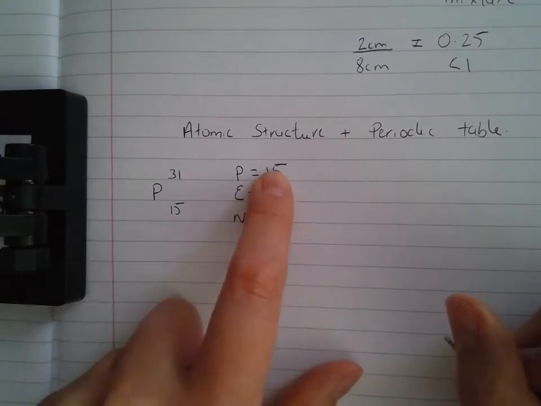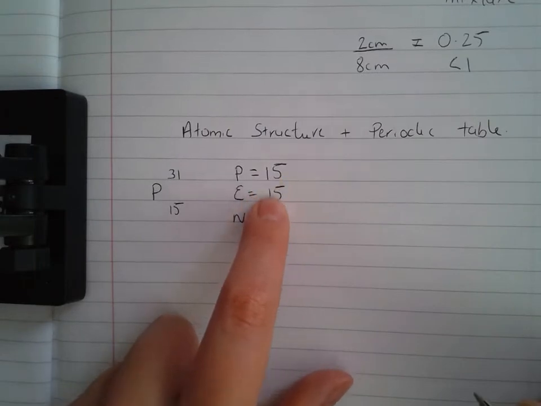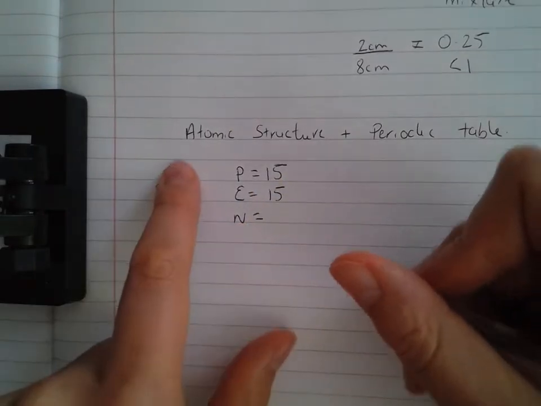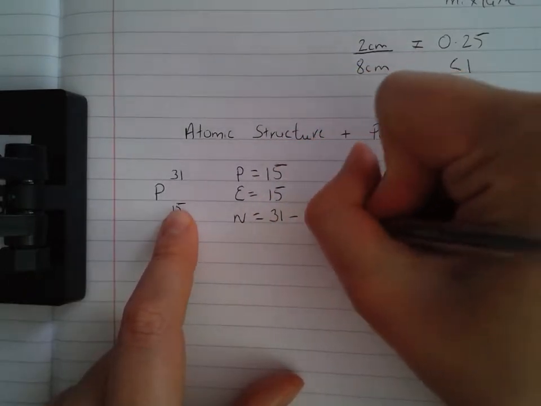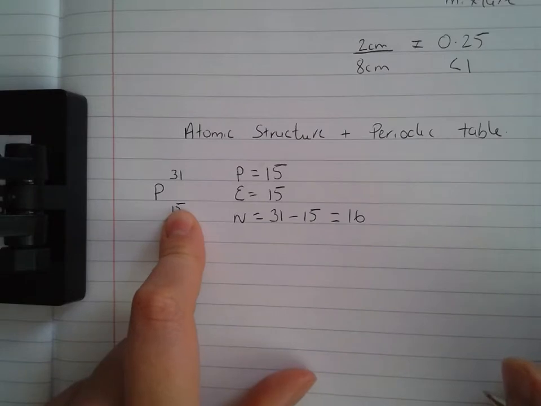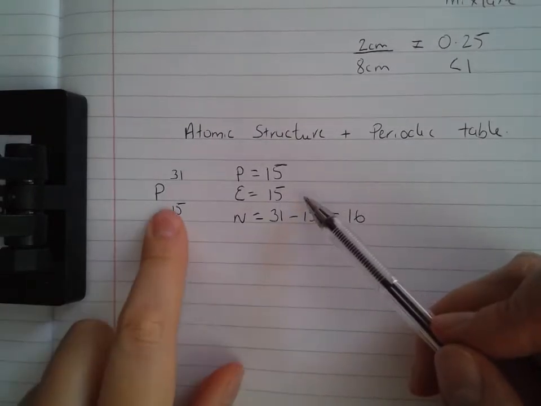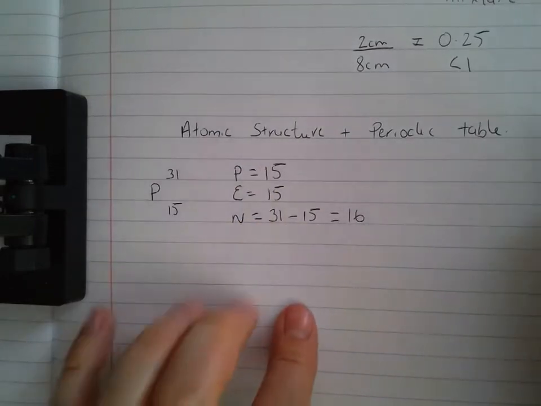The number of electrons is always the same as the number of protons, so if you've got 15 protons, you've also got 15 electrons. To calculate the number of neutrons, you take the big number, which is 31, and you minus the small number, and you get the number of neutrons. So protons, small number, electrons is also the smaller number, neutrons, big minus small, is 16. That's protons, electrons, and neutrons.